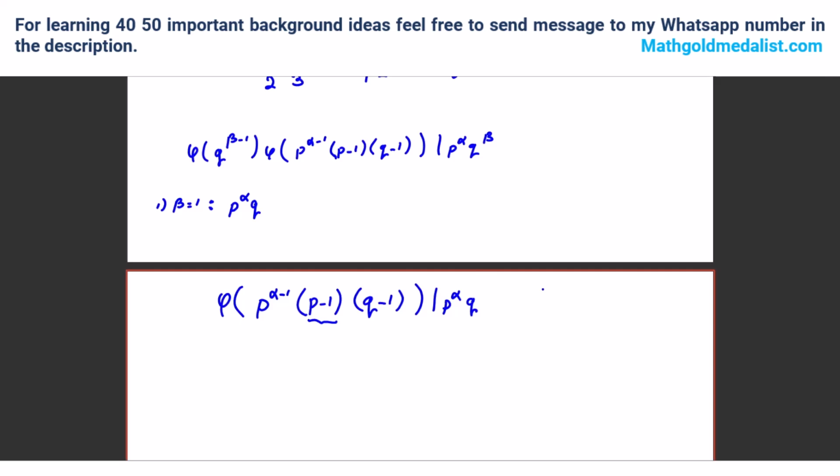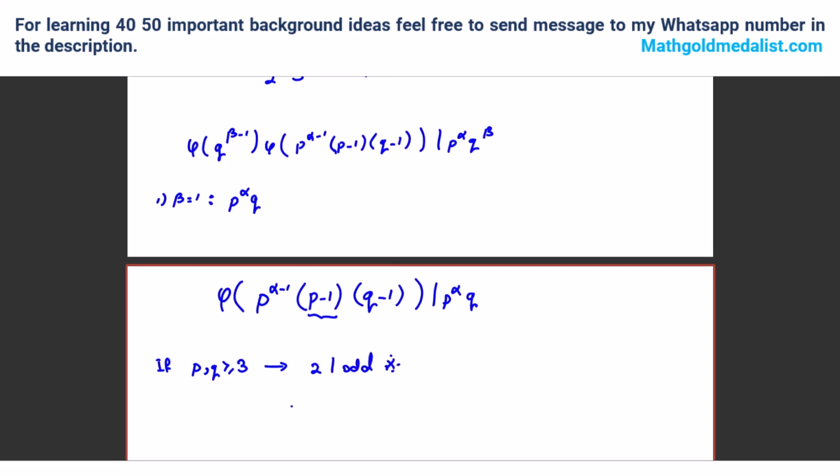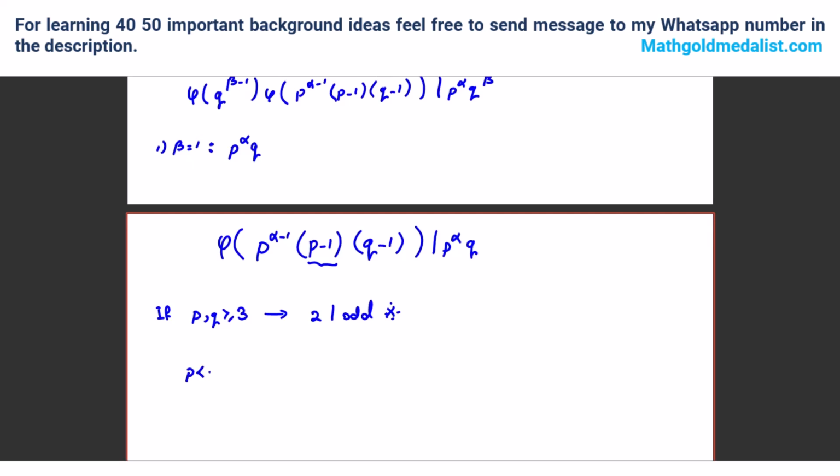Right. So we can say if p and q are greater than or equal to 3, then 2 divides odd, and that's a contradiction. So we can conclude p, because we said p is less than q, p is 2, right? So phi of 2 to the alpha minus 1 times q minus 1 divides what?